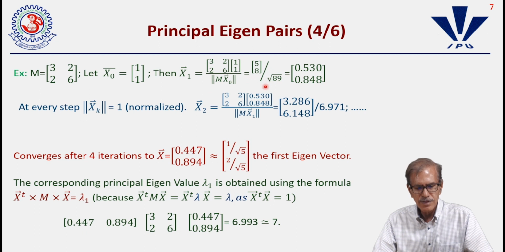It is getting normalized, and then we have this value. So this is the first iteration. The first iteration value is 0.53, 0.84.